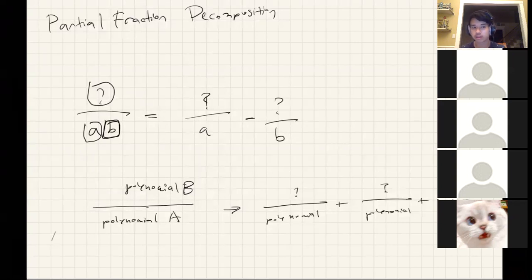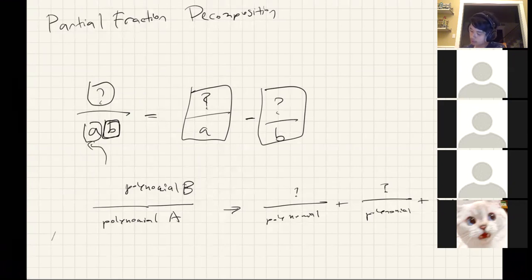The ultimate goal of partial fraction decomposition for a telescoping sum is to create one positive term and one negative term. In general, each of the factors of the denominator gets its own term.